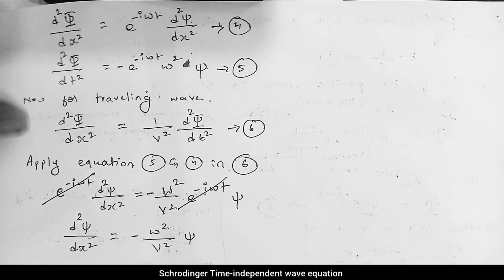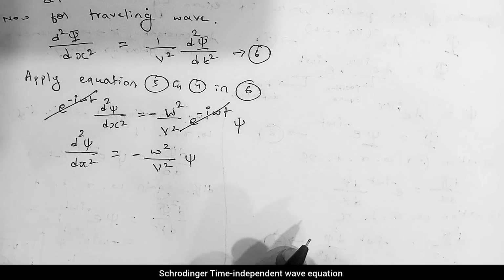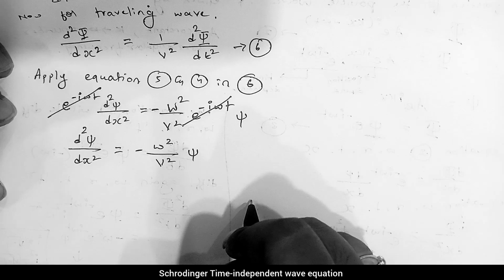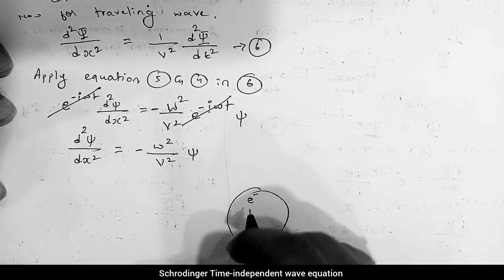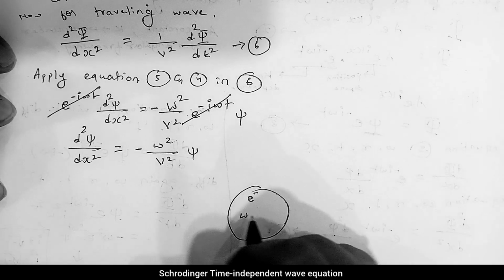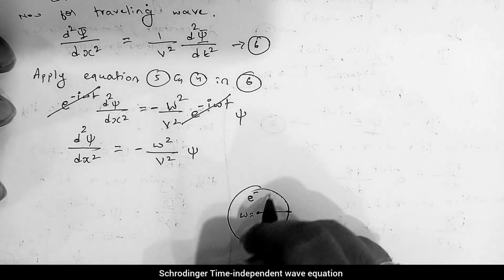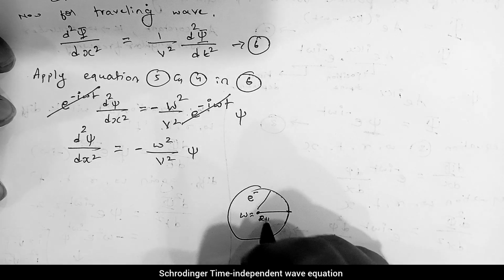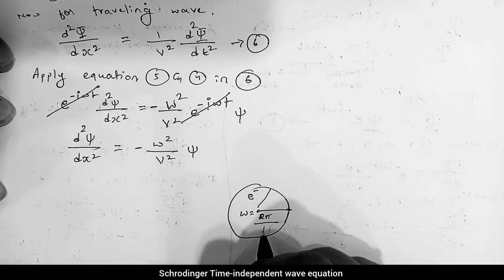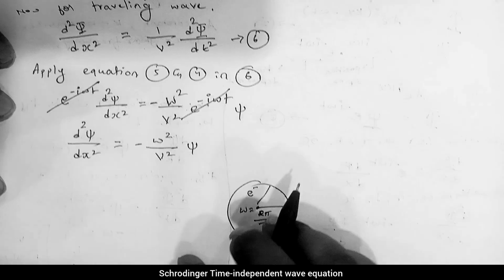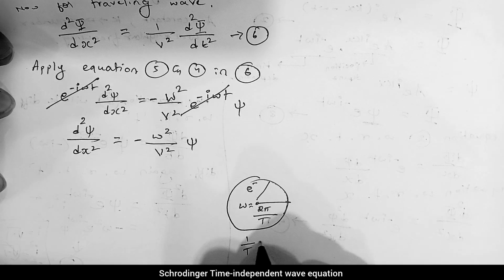Now we know the fundamental that angular frequency, since the electron is moving in circular motion, if I want to give an angular velocity for this, the total angle covered is 2 pi divided by time period. And 1 over time period is given as frequency.